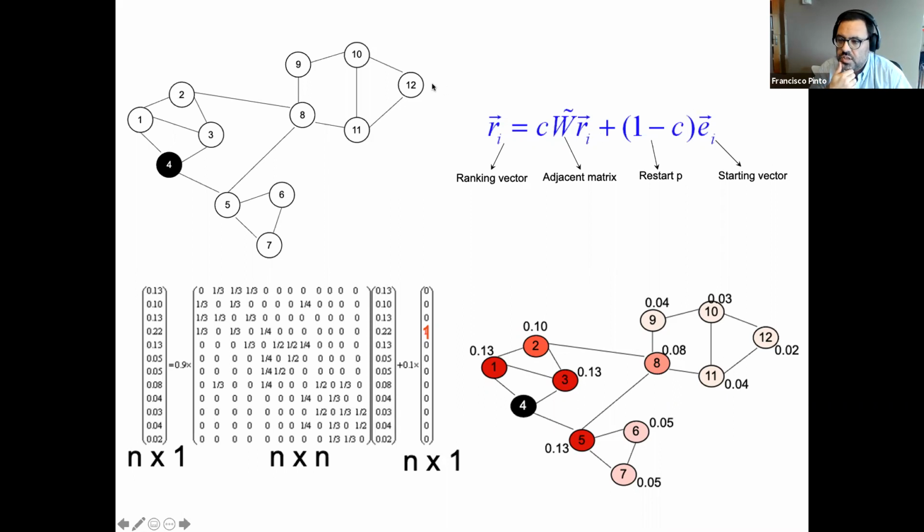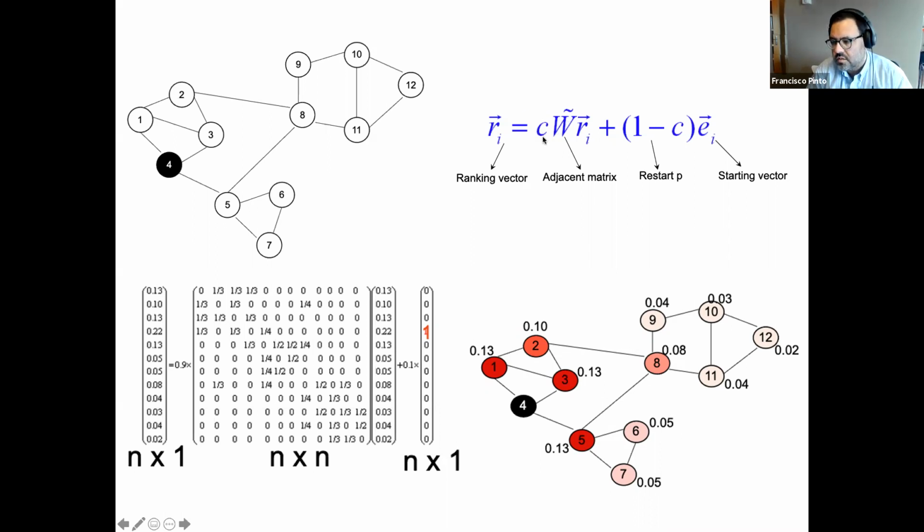So if you do this iteratively, you have the previous distribution of the random walker, the vector with the probabilities. You multiply it by the adjacency matrix and get the next probability. But you have to multiply it by the damping factor. Actually, here C is called the damping. You can define the random walk in two different ways. You can define the restart probability, and 1 minus the restart probability is the damping factor.